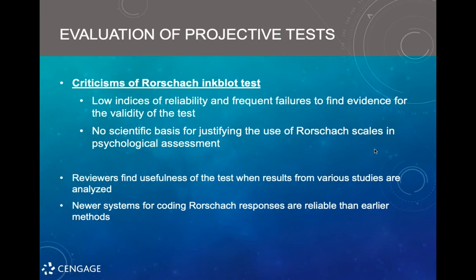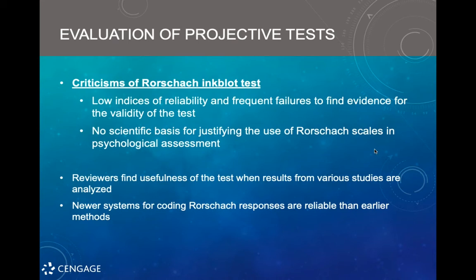So there are a lot of criticisms of some of these tests, especially Rorschach. It has low indices of reliability. It doesn't have much evidence, no scientific basis for justifying the use of Rorschach scales. However, it is useful when it's used with other assessments as well, and with a special type of coding called the Exner method.